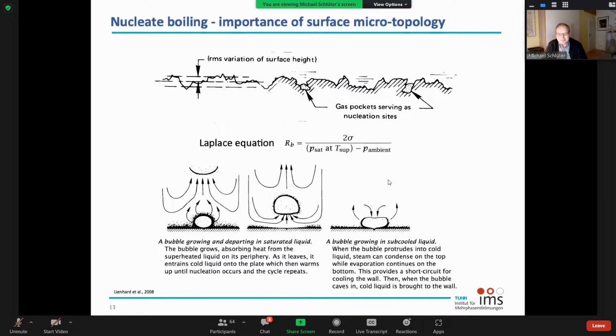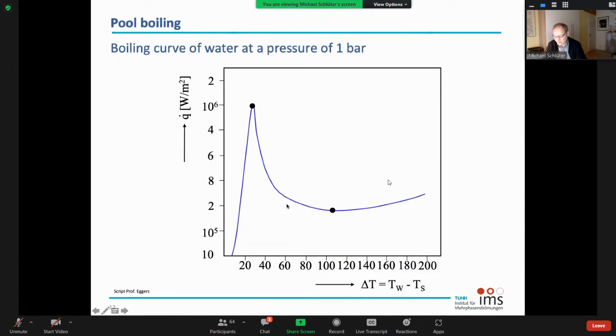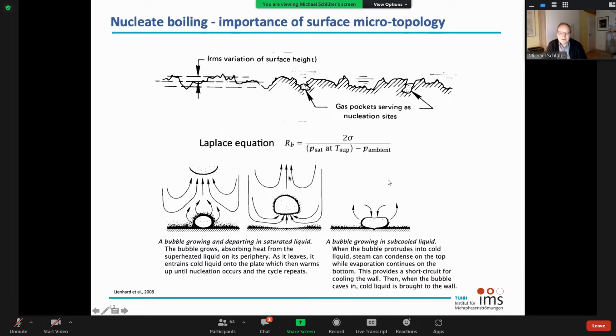So what does it mean if the bubble is growing and if the bubble is detaching? Here we have a drawing that shows our bubble that has now already been created. And at a certain point, the buoyancy of the bubble is so large that the buoyancy force is stronger than the surface tension force that tries to keep the bubble back. And at this moment, the bubble will lift off here and will rise into your continuous phase, into the liquid phase.